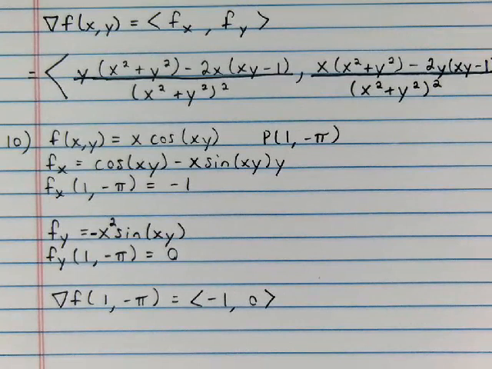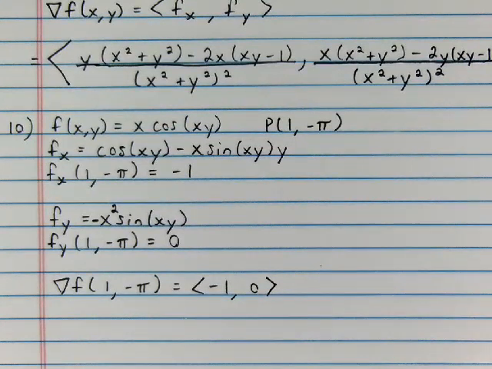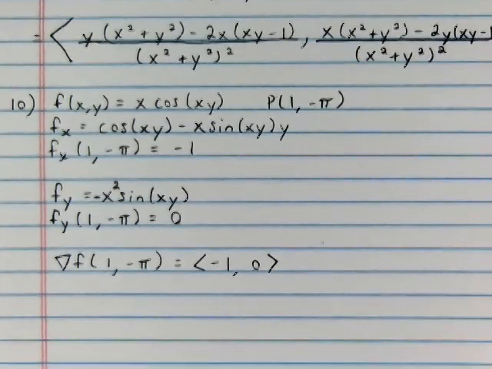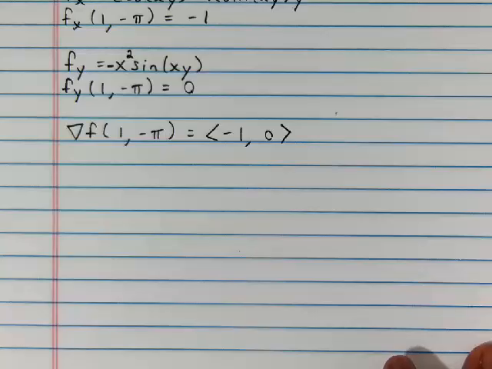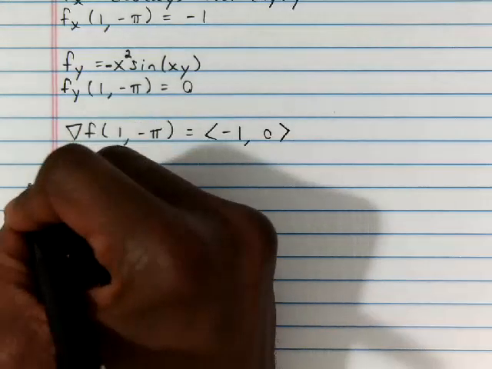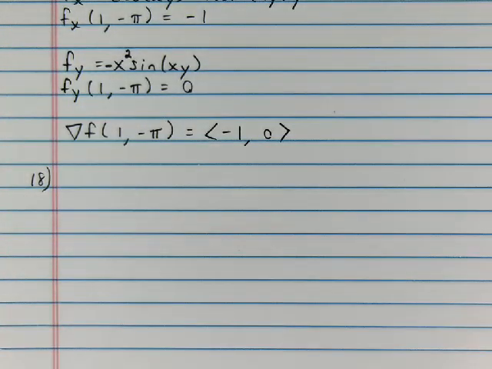And let's look at another problem from this section. This is more of an applied problem. So let's look at number 18. So number 18 says, in exercises 15 through 20, find the direction in which f increases most rapidly at the given point and find the maximal directional derivative at that point.